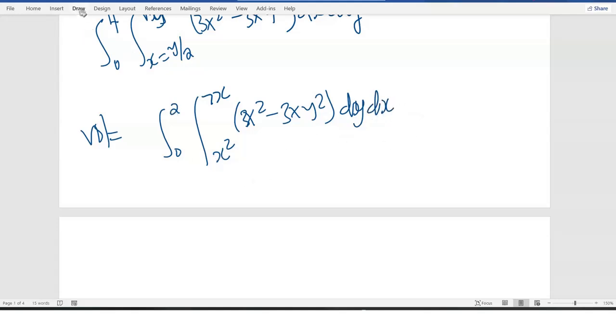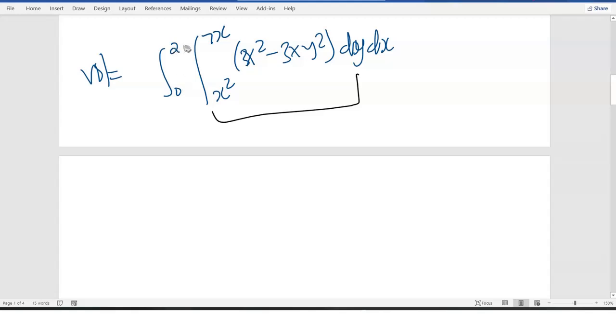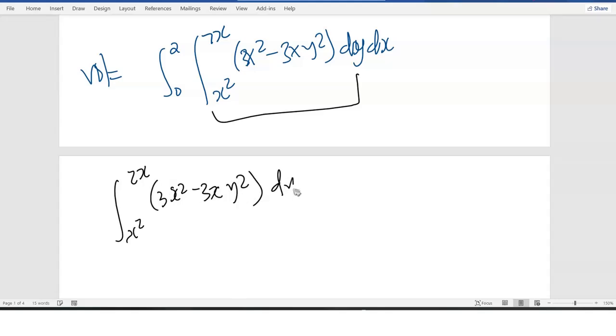It is good practice to begin with what is inside here, then later proceed with the limits of 0 to 2 while integrating with respect to x. So I will have x squared to 2x, 3x squared minus 3xy squared, dy.